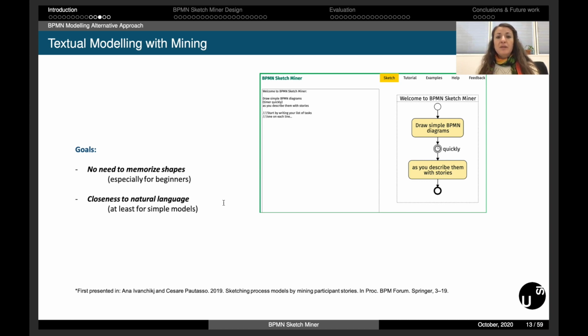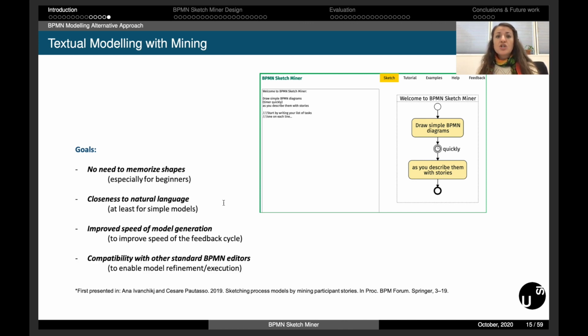Then to speed up the model generation with the ultimate goal of speeding up the feedback cycle during interviews, and last but not least, as we are using a standard process modeling language, to have the compatibility with standard BPMN editors.